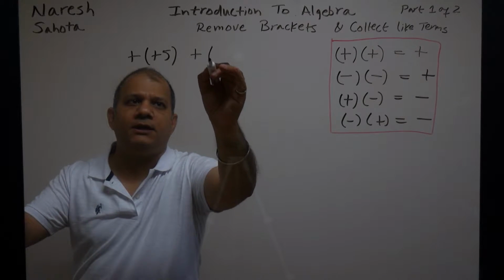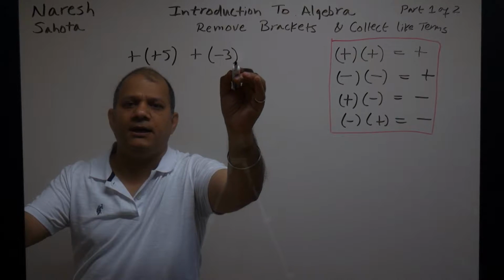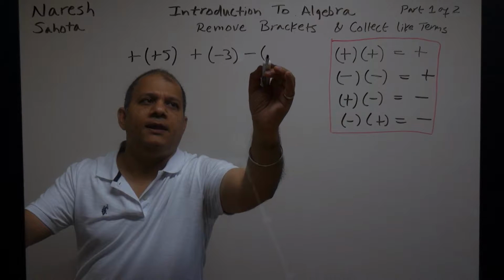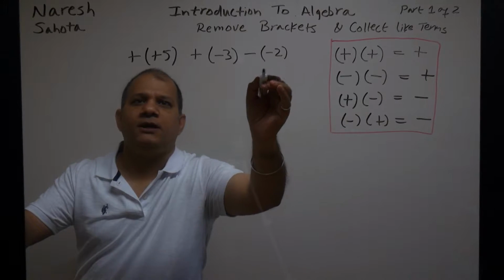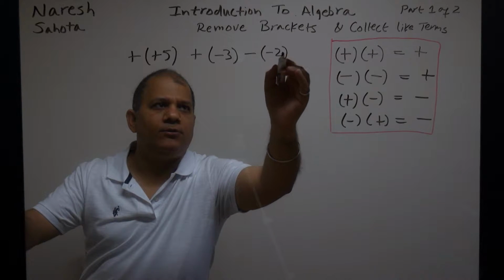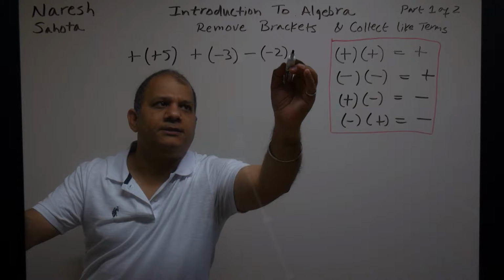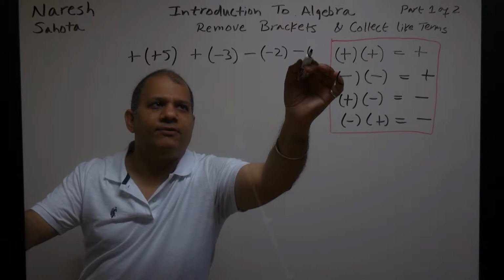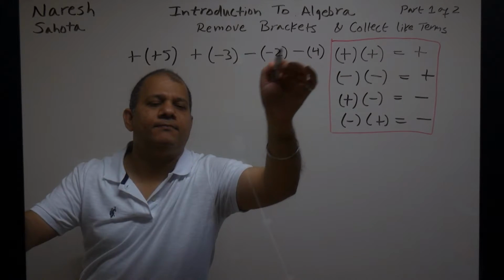Then I'm going to say plus negative 3 on the inside. And I can keep extending this. I can say minus, and then let's say minus 2. I can add as many terms as I like. So I'll add one more. Let's say negative, and then, okay, let's use 4.